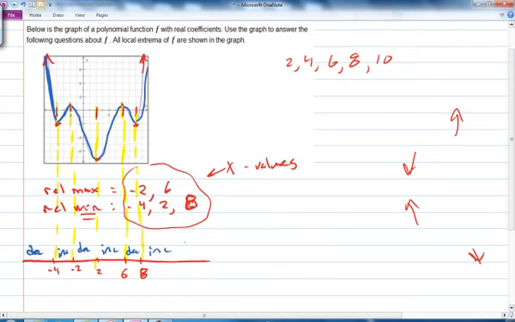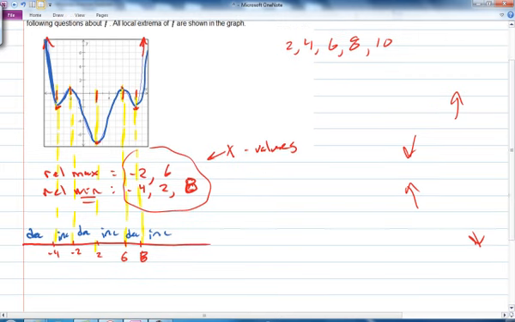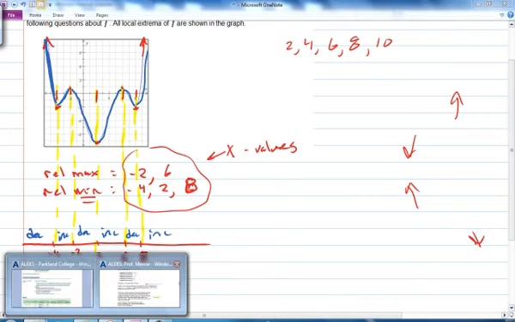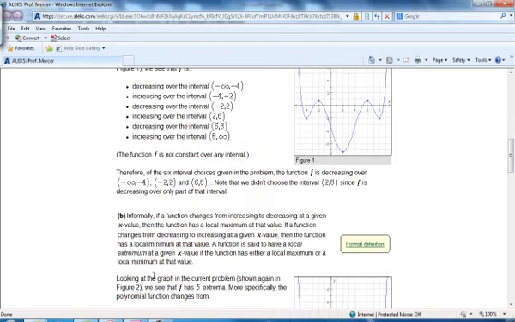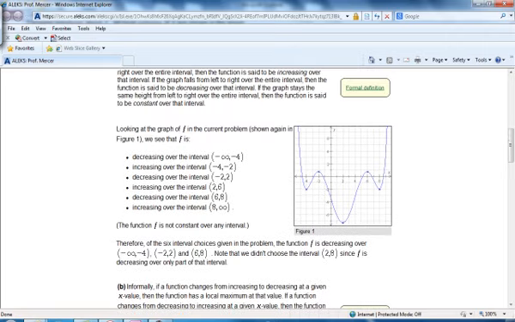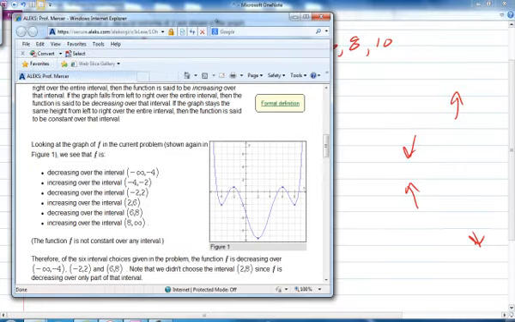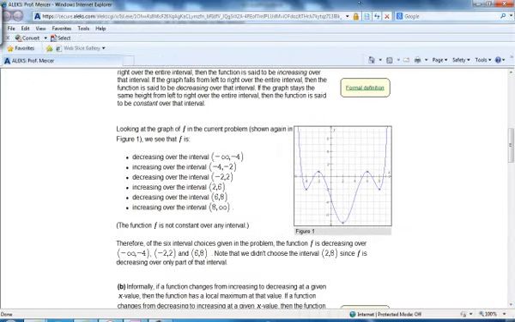So if you think about these in terms of intervals, now I'm going to shift over to the Alex screen. I'll just pop up their explanation, that's how they get that it's decreasing over the interval -∞ to -4. I'll show these both at the same time.